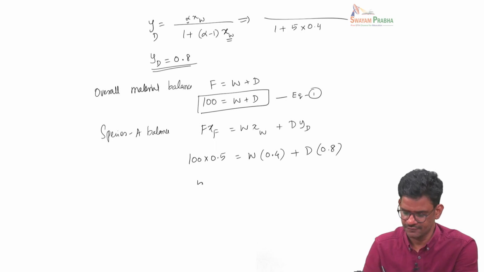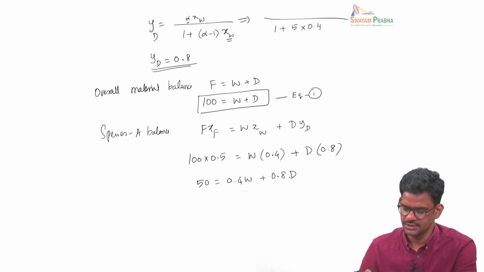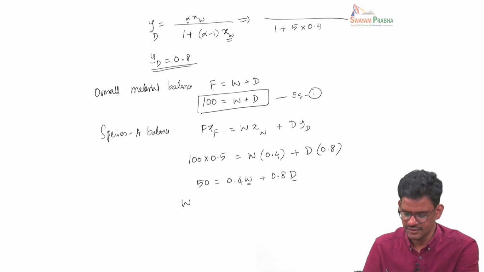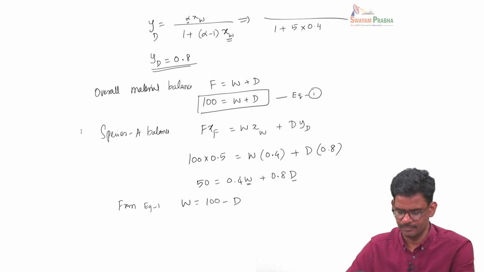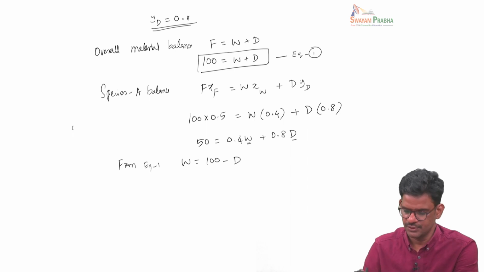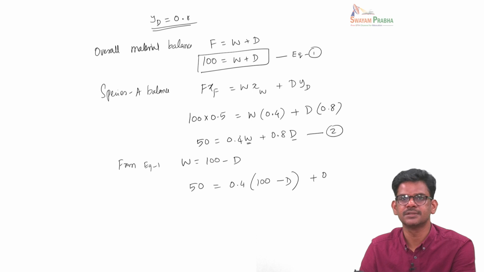So we have 50 is equal to 0.4 W plus 0.8 D. Since we want to find D, we can replace W from equation 1, because we can write W is equal to 100 minus D. This is from equation 1. So, substituting that in equation 2, we have 50 is equal to 0.4 times (100 minus D) plus 0.8 D.